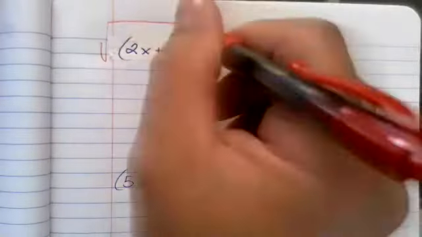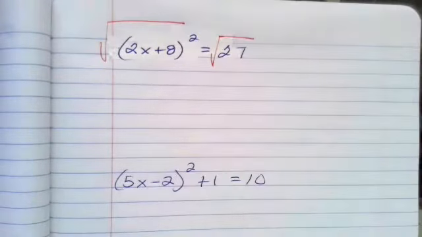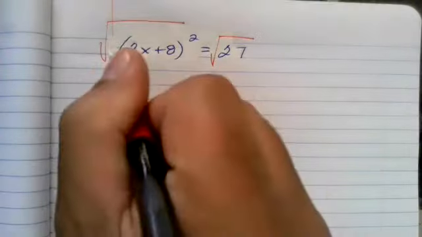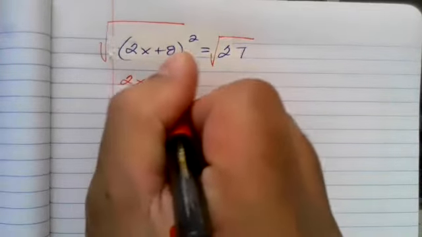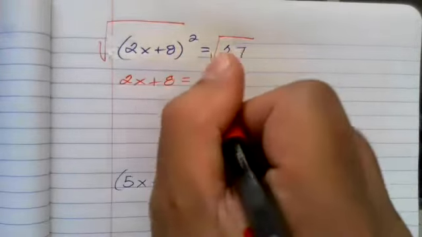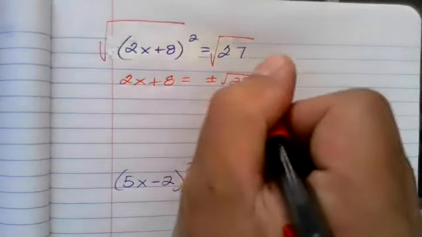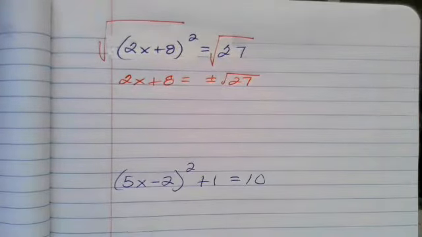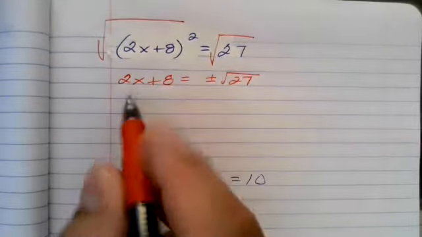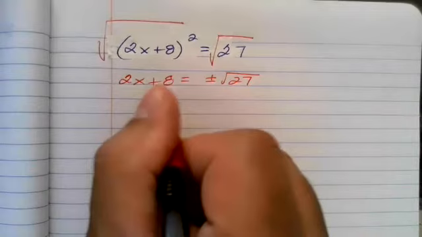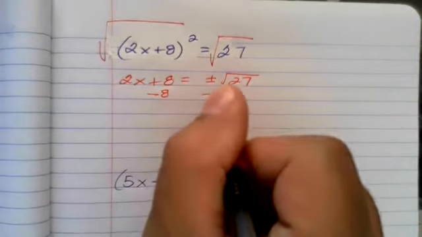So I could take the square root of both sides. So I would have 2x plus 8 is equal to plus or minus rad 27. I want to isolate my x, so I'm going to subtract 8 from both sides of the equation.